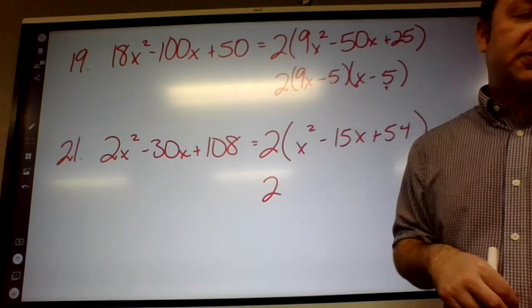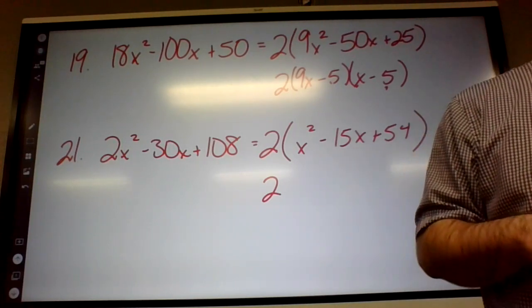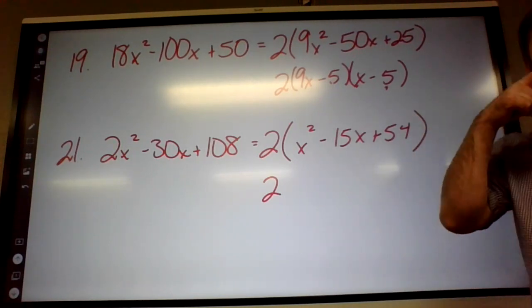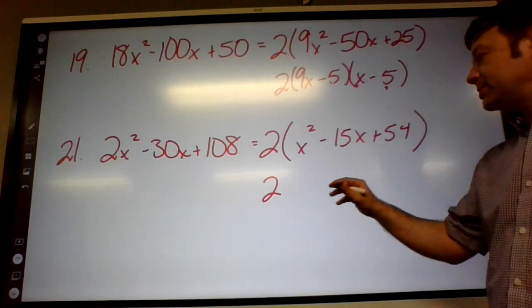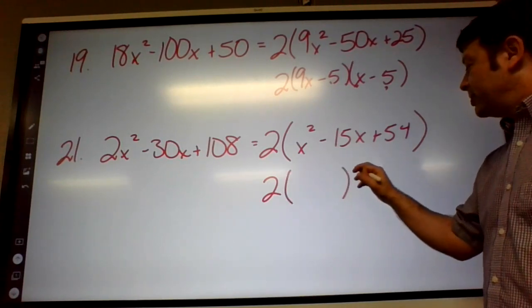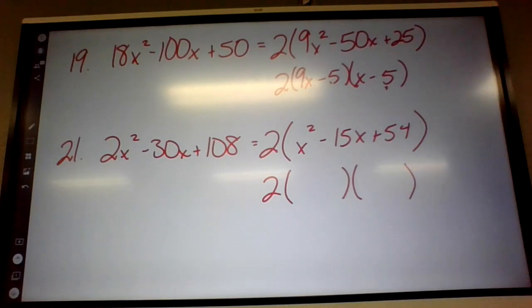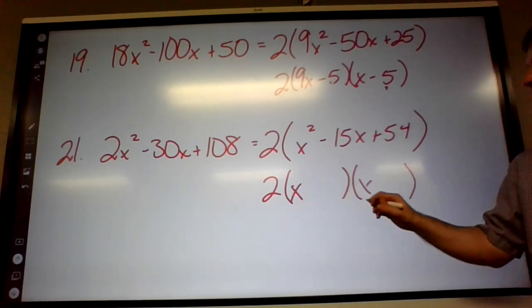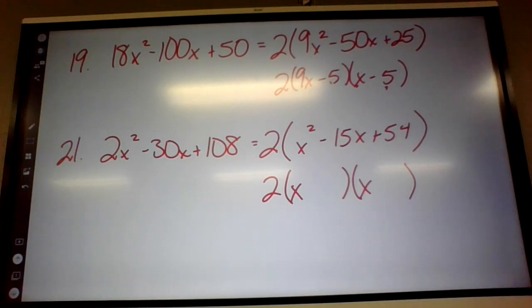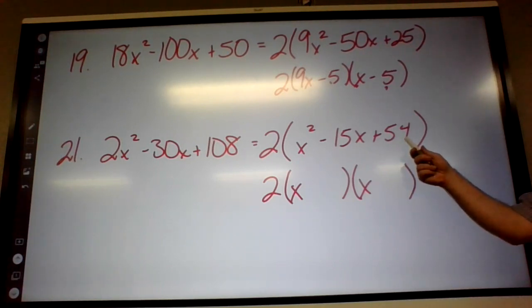Well, 24 looks like it's just take something out. It's not a square minus a square. Okay, anyways, Hannah, what can we do now? Keep the 2 out, remove x, remove x. Okay, x and x. And then negative 6 plus 9. Right, 54 is 9 times 6.